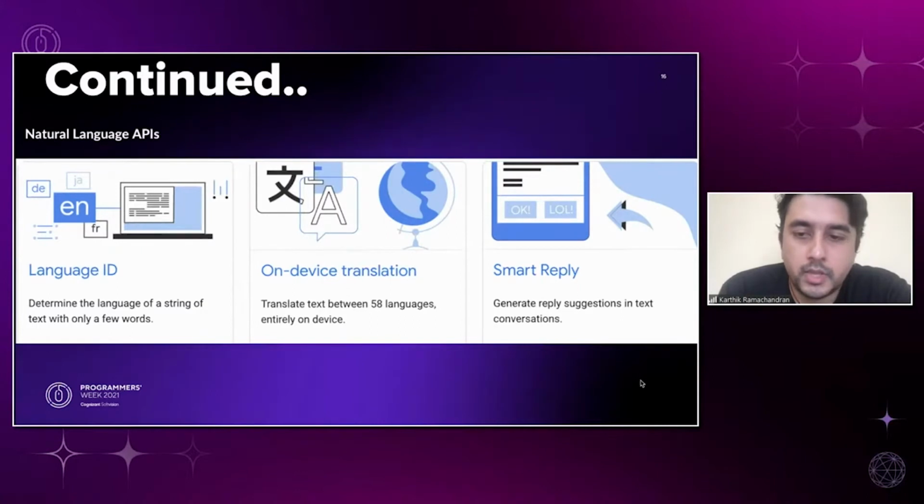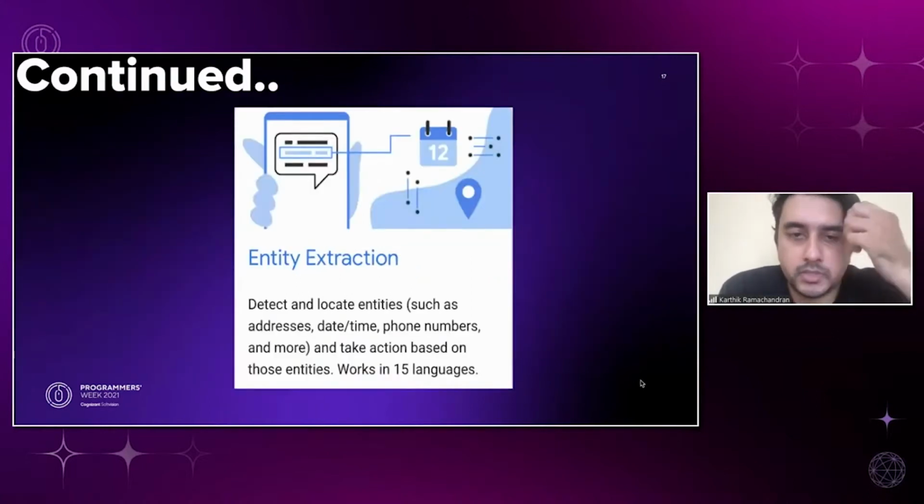Smart reply is already being used in some of the chat apps. And with entity extraction, if there's a text and you want to extract just the address or just the phone number from it, then you can use entity extraction.